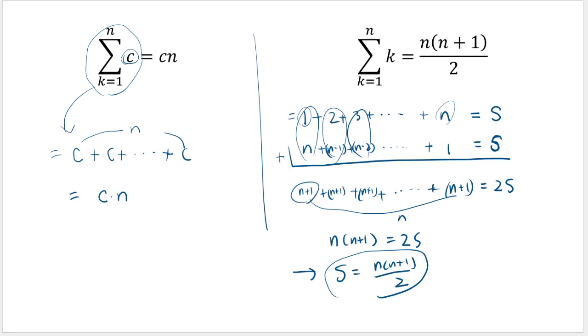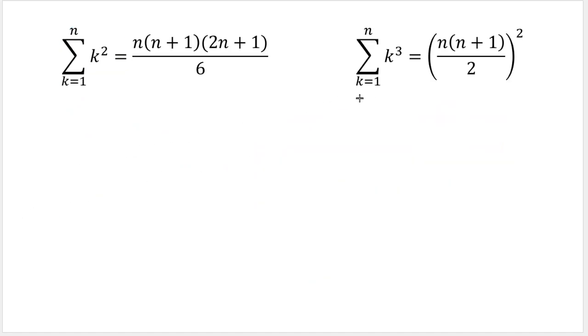Now, there are two more formulas, which, depending on your teacher, sometimes they tell you to memorize them, sometimes they give a formula sheet for you. But it's not so hard to memorize. This is n times n plus 1 over 2, very similar to that one, right? But there's a 2n plus 1 over 3 multiplied to it.